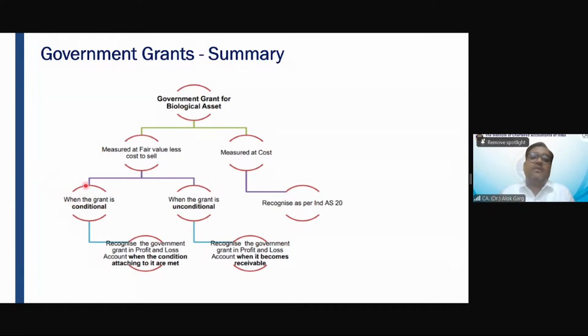But what happens when the government grant is conditional? For example, the government has given a grant of rupees 5 crore to a company, and the condition is to cultivate a land for 5 years. The government has told you, I'm giving you 5 crore rupees and you have to cultivate this land for 5 years.